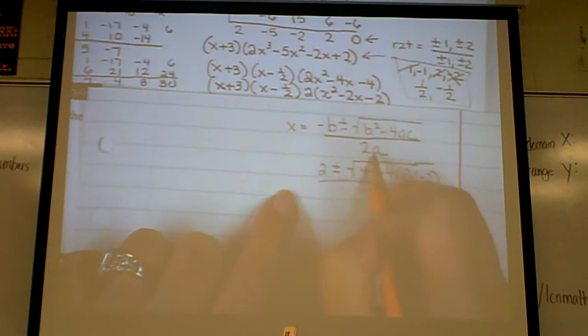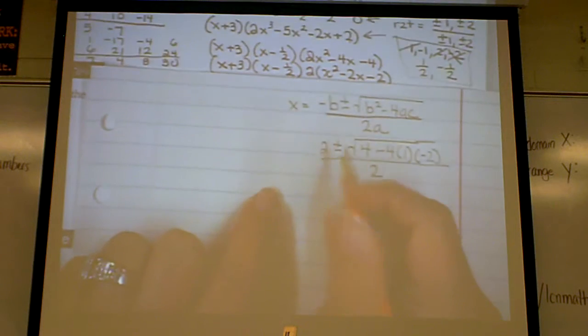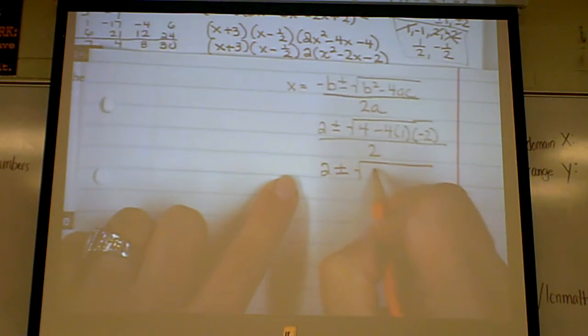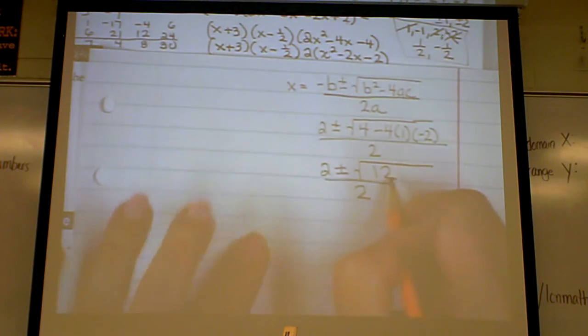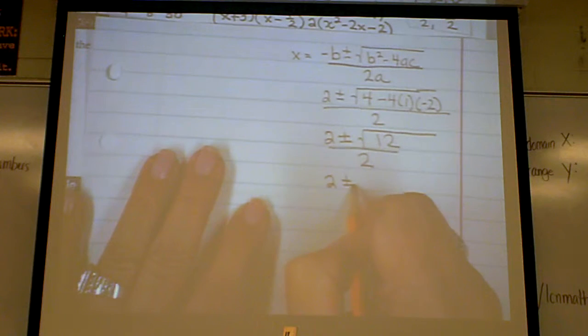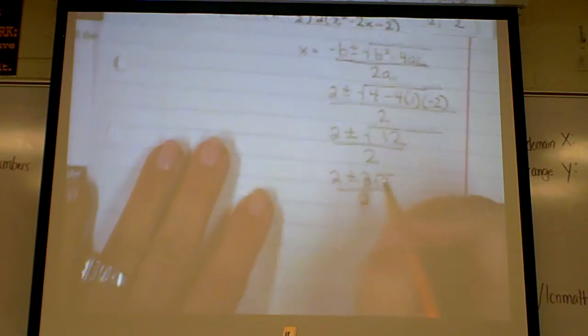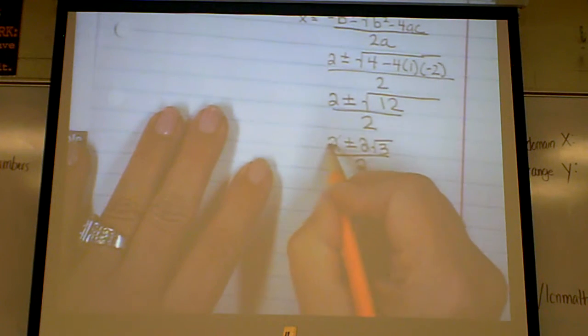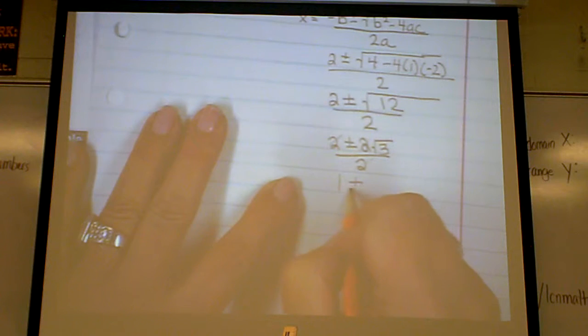And then 2 times 1 is 2. Now let's simplify this. 2 plus or minus the square root of 4 plus 8 is 12. And then how do you simplify this? It's 2 root 3. And how do you further simplify it? 1, 1, 1. So it's 1 plus or minus root 3.